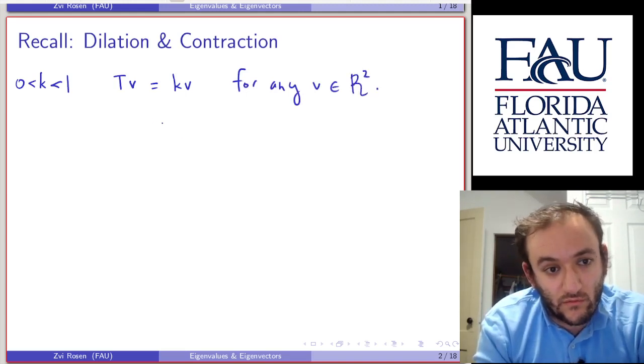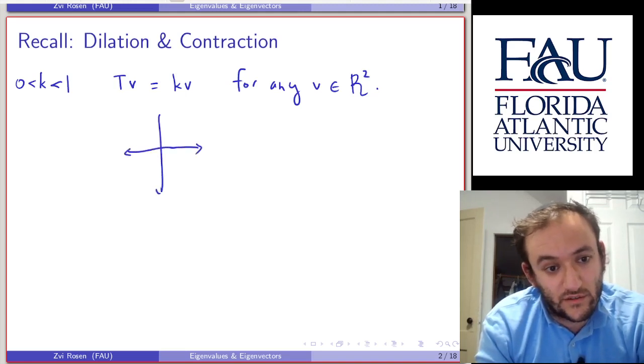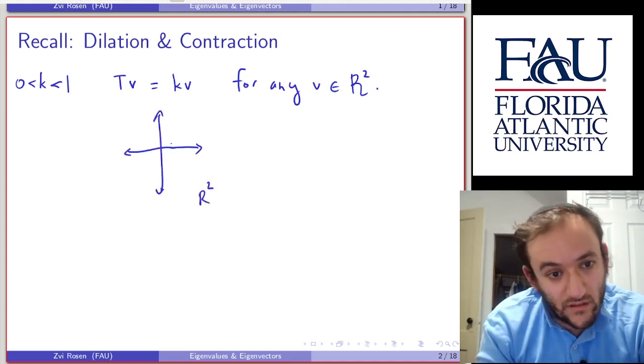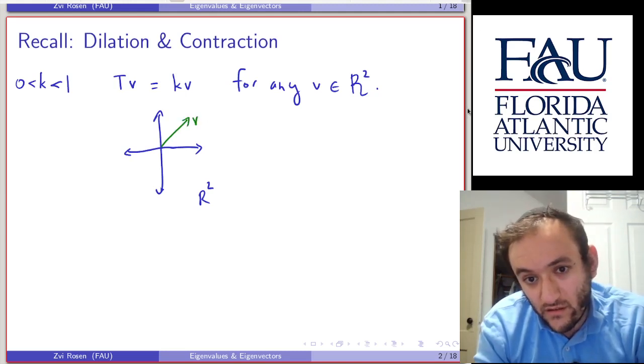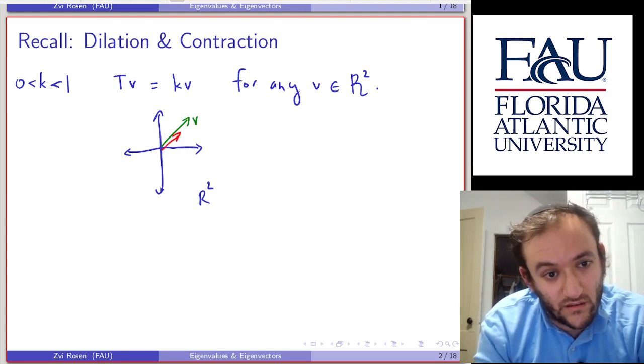Then we're basically talking about this is R2, and we have, let's say, v as an input, and then our output will be in red. That'll be Tv.